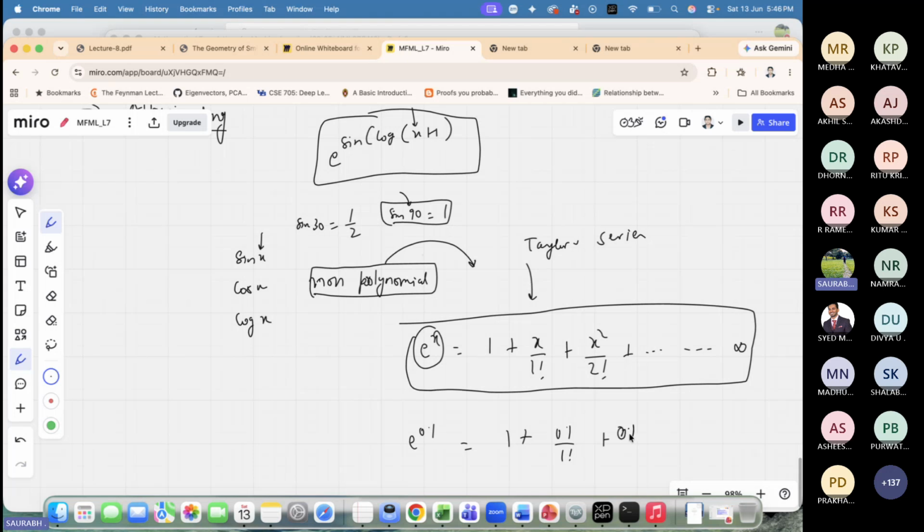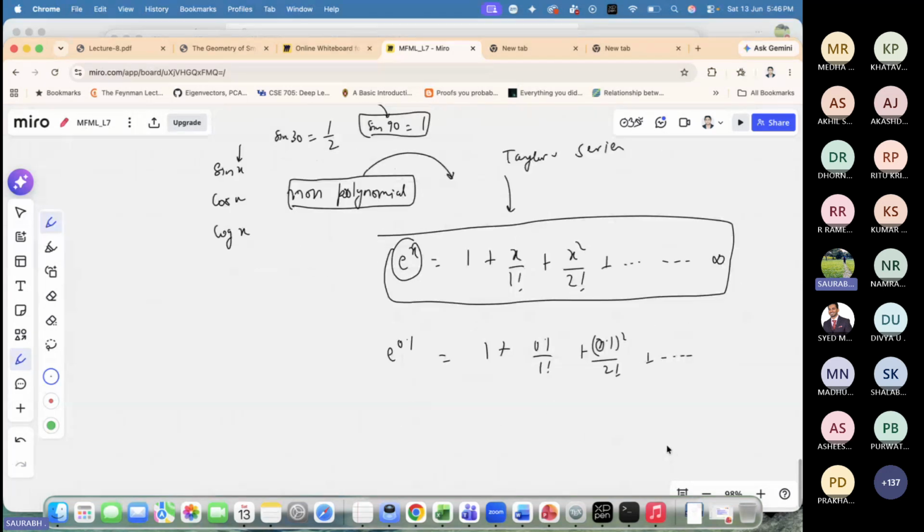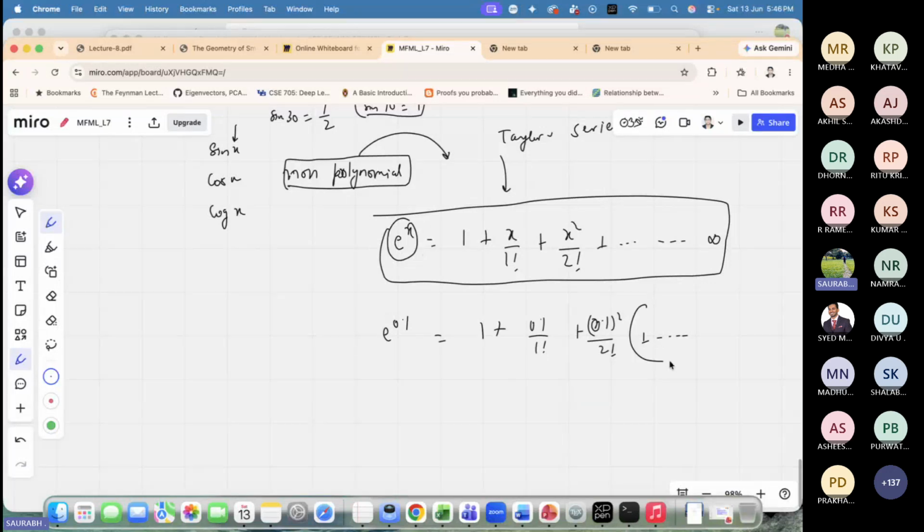Let's say 0.1 whole square by 2 factorial plus and so on, right? That's how simple it is. If you keep adding more and more terms, the closer to the real value you will get, right? If you just approximate using two terms, you will not have a very good approximation.